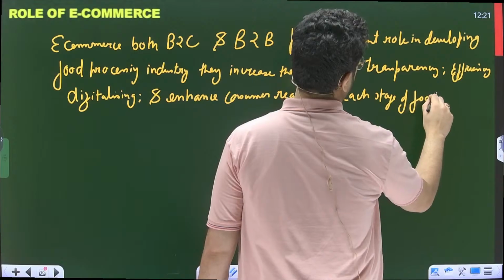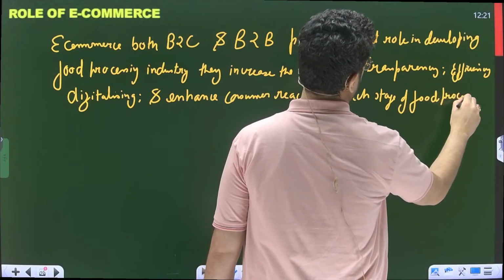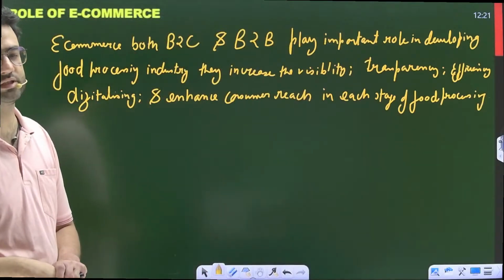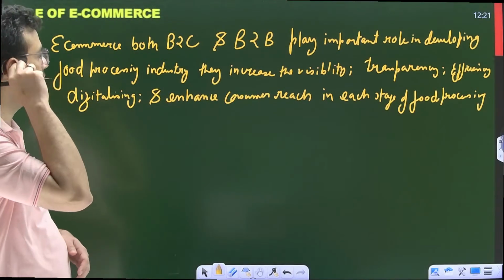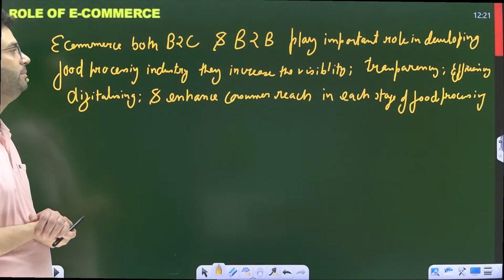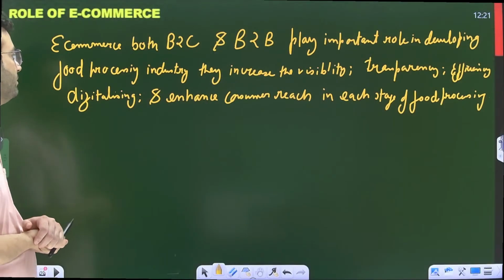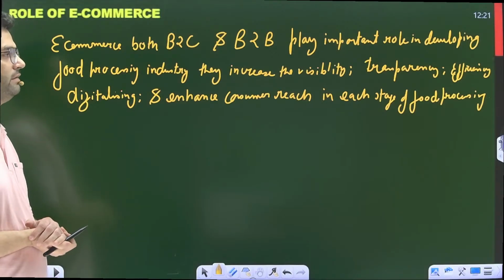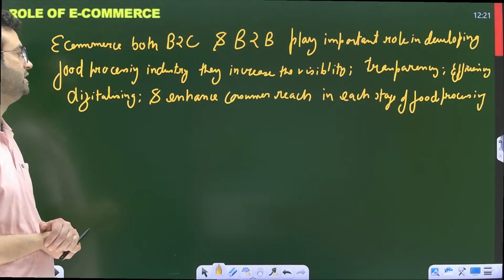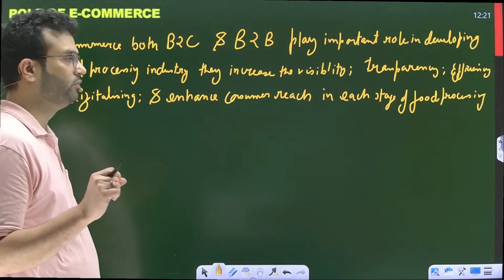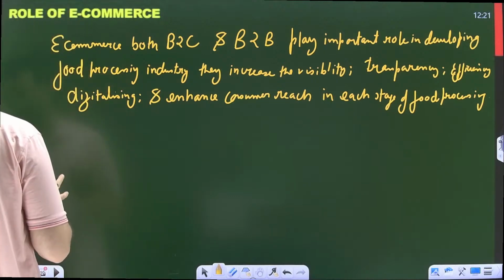In each stage of food processing, the role of e-commerce can be extended. So e-commerce, both B2C and B2B, play an important role in developing the food processing industry. They increase the visibility, transparency, efficiency, digitalizing and enhance consumer reach in every stage of food processing. So this is their role.